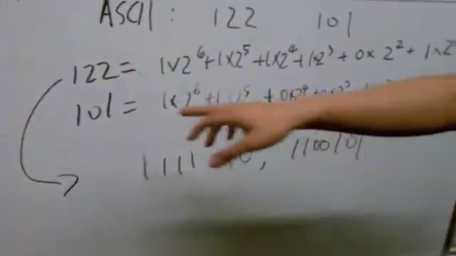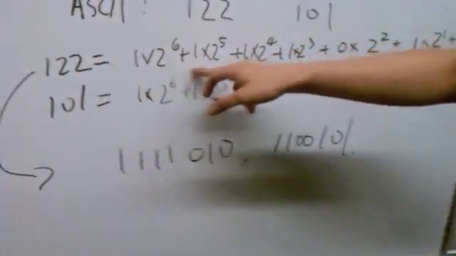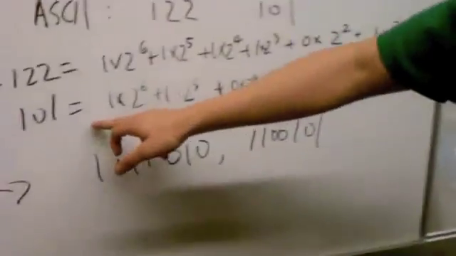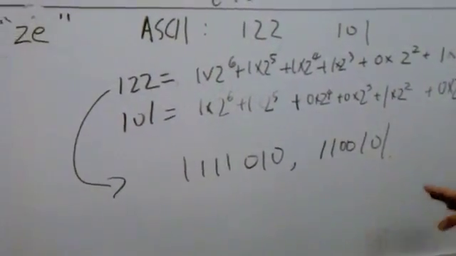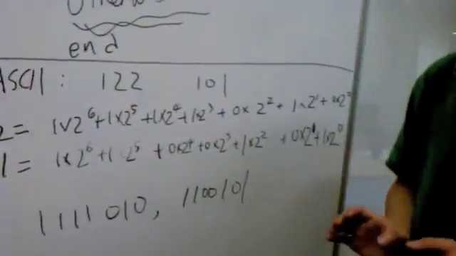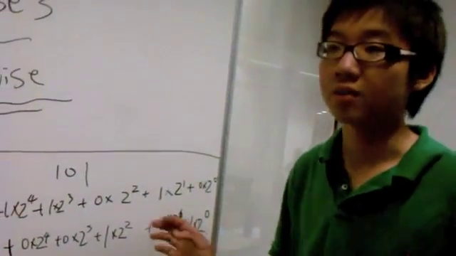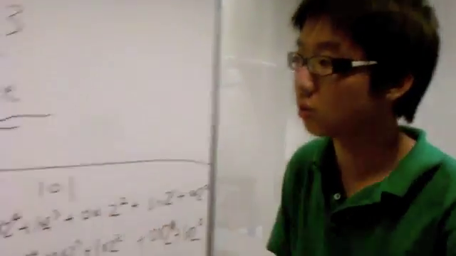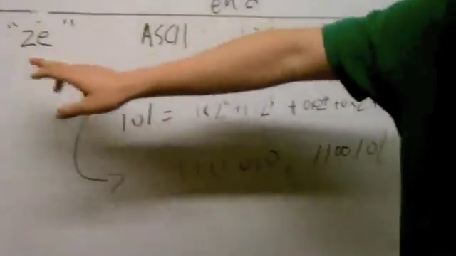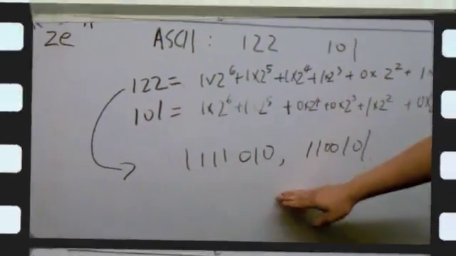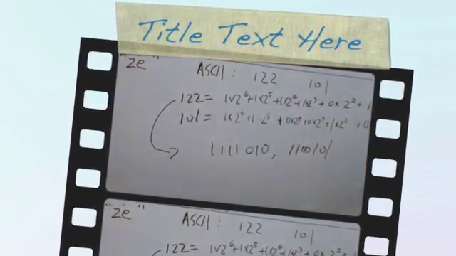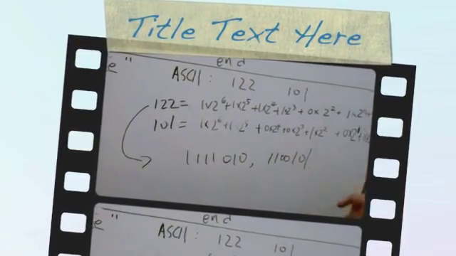Then I convert base 10, 122, to base 2, and we get 11110110 for Z, and 11001101 for E. The whole concept behind this is the reason why a computer can understand all your input in different locations: each character was assigned a number, and all the numbers can convert into 1s and 0s. That's why a computer can understand our input.